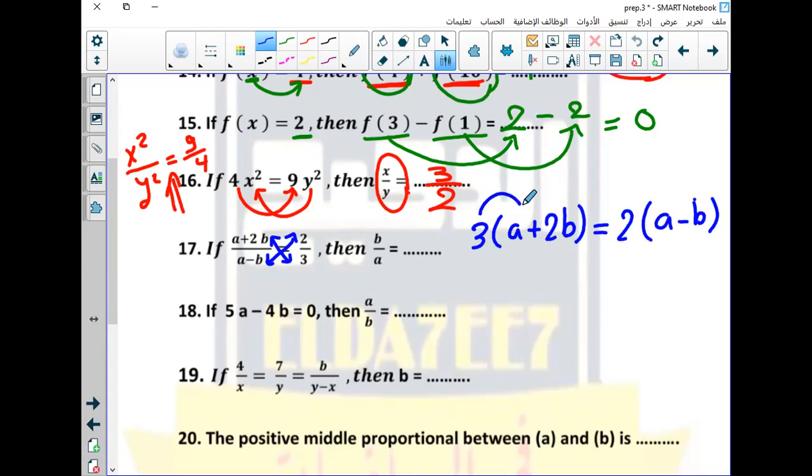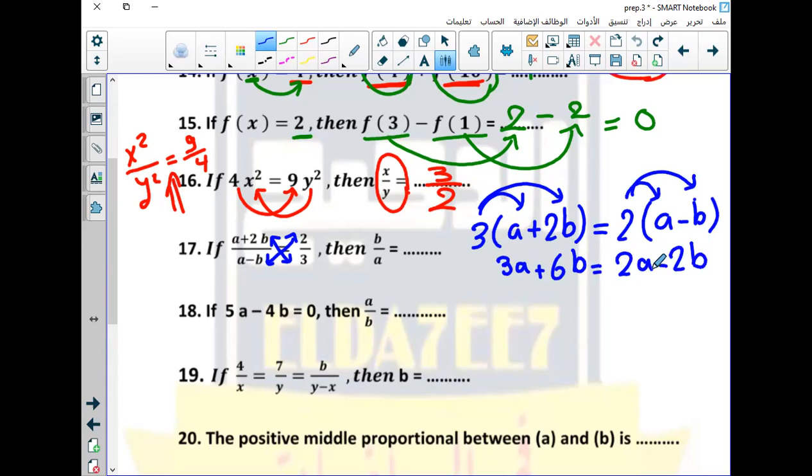By distribution, 3a plus 6b equals 2a minus 2b.